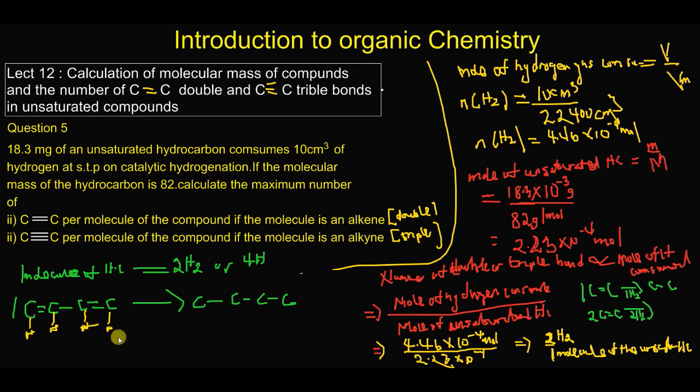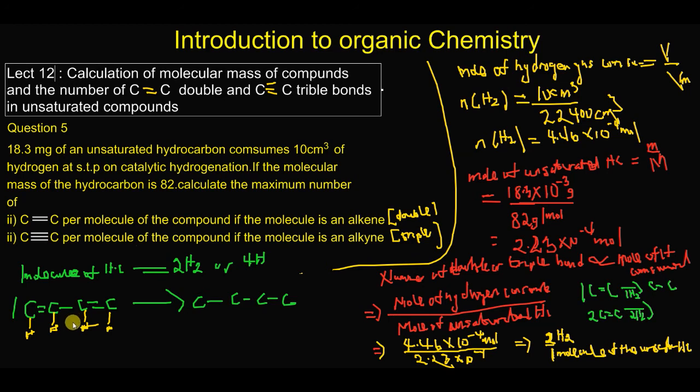In that case, you have converted 4 hydrogen atoms, which is 2 molecules. Because 2 hydrogen molecules have been consumed during the process of catalytic conversion, it means that 2 double bonds are inside per 1 molecule of the compound. So this is the number that is inside.